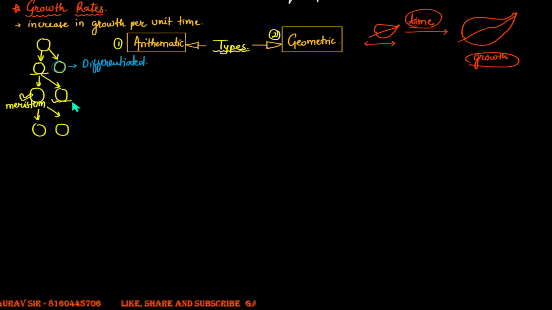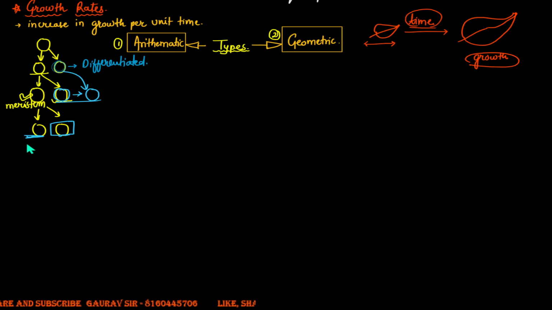The other cell which was formed here would again lose its ability to divide and undergo differentiation. So you have got three cells. Now, one of these two cells would again lose its ability, become differentiated and take up a fixed shape and form.